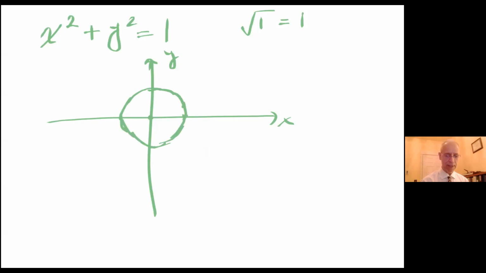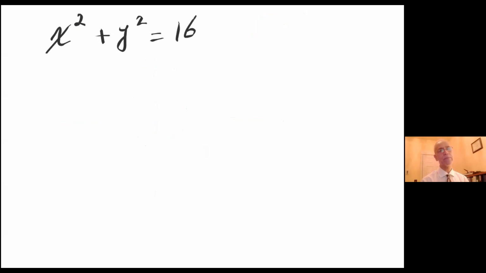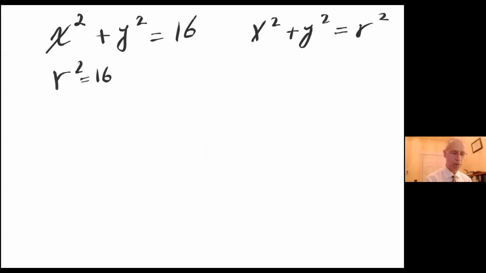How about something like x to the second plus y to the second equals, say, 16? I know x squared plus y squared equals r squared. I know my r squared equals 16, so r must equal 4. And notice I'm not writing plus and minus 4 because the radius is always positive.